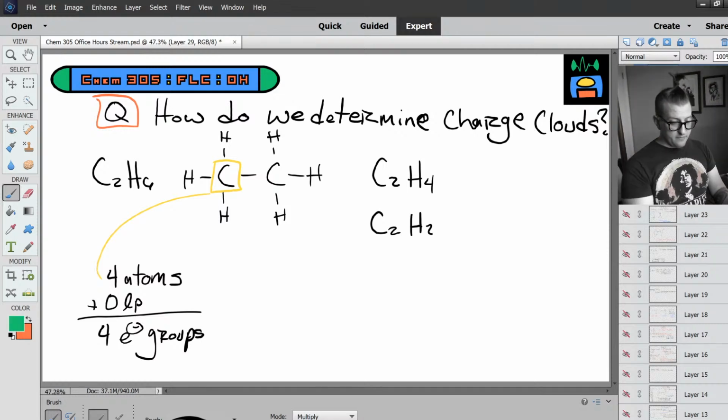And we'd have to do the same for this atom. This atom in green has 4 atoms, 0 lone pairs. So we would say it has 4 charge clouds or electron groups.